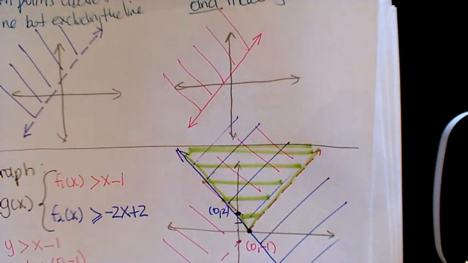How can we tell if the shaded region is the correct one? So we're going to pick a point and see if both of the inequalities hold true for that point.